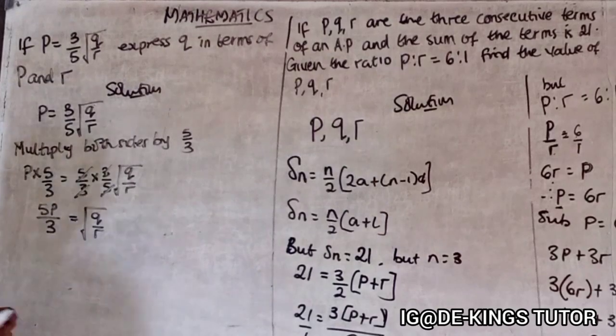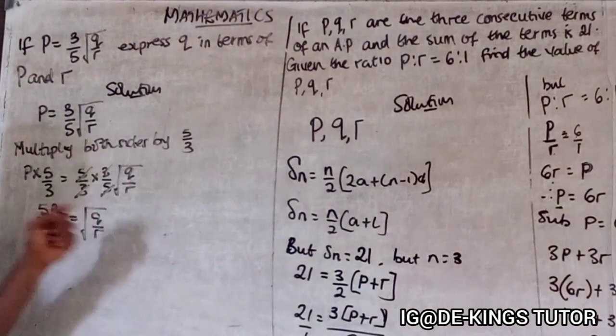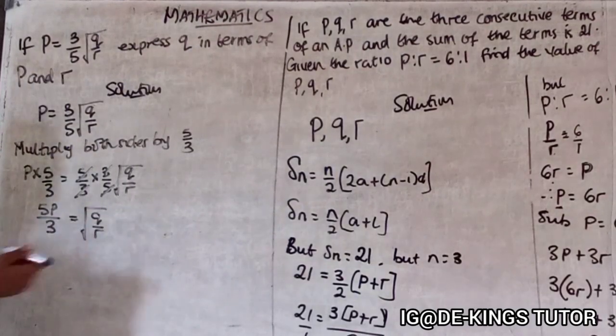Now this is a square root. Many times I've told you, if you want to take out the square root, what do you do? You square both sides. Please don't forget.